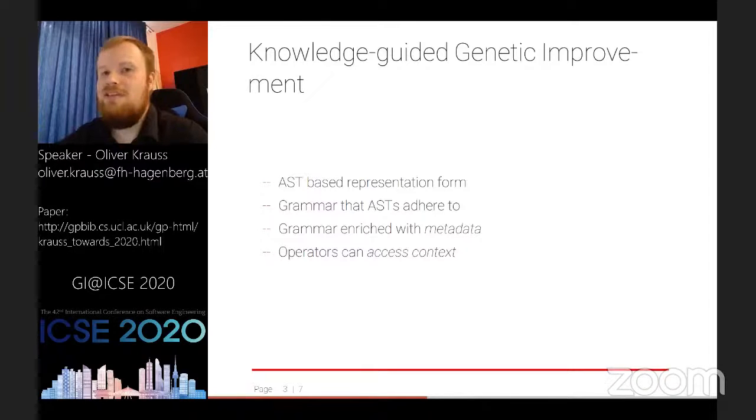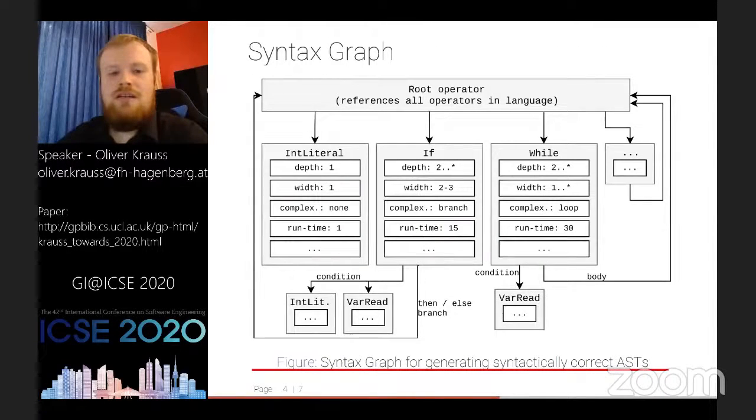By context, I really mean you can access the stack and the heap to also determine if variables were initialized and so on. So this slide is what I'm talking about. The concept is you have a root operator that points to all concepts in a grammar or in a language.